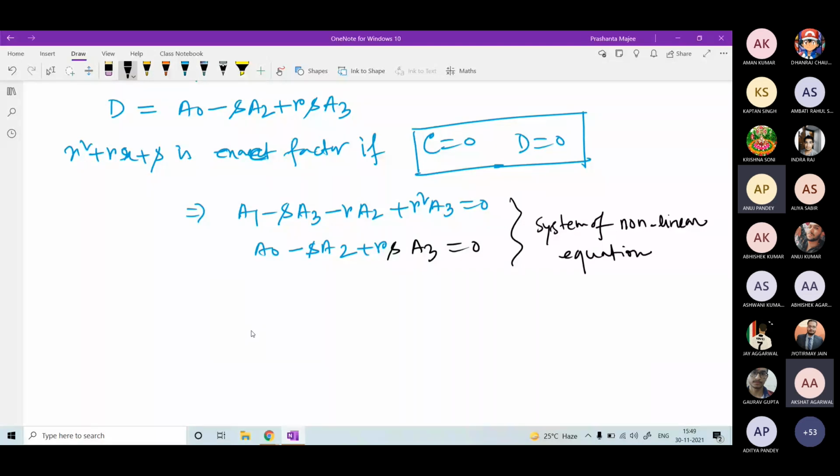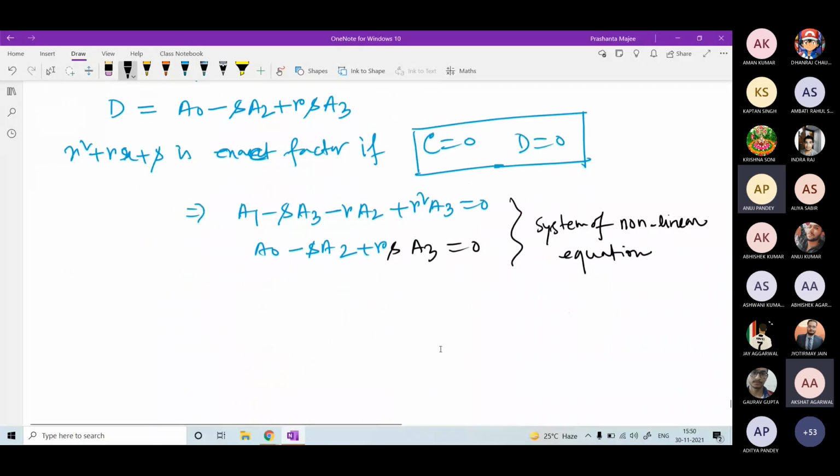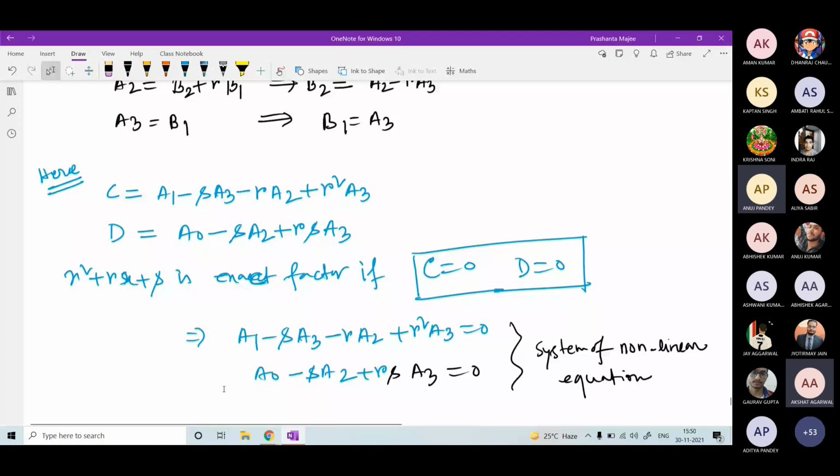Okay, so let me tell you the procedure to solve these two equations by some iterative method. The method is known as Newton's method. You have already studied it for a single equation, the Newton-Raphson method. Now the same method will be used to solve two equations. So C is a function of R and S, yes or no?